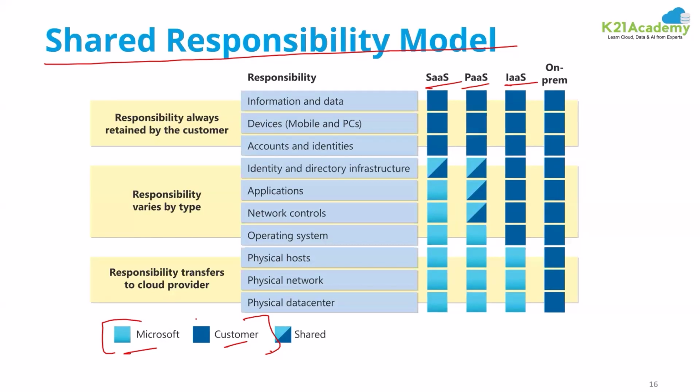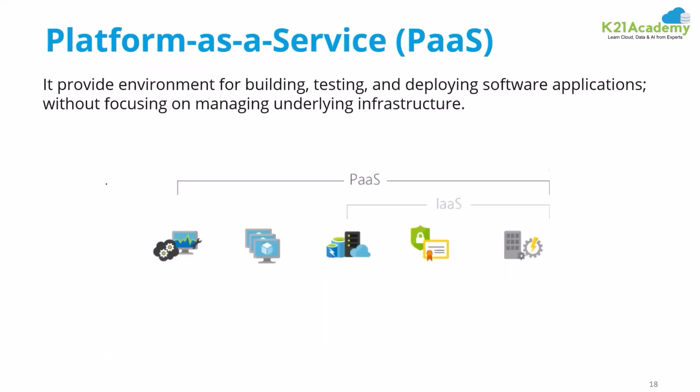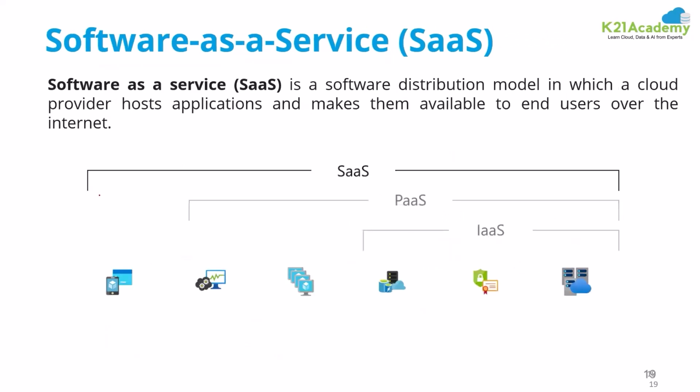Under infrastructure as a service, there is a certain amount of responsibility that customers share and a certain amount that the cloud provider shares, and the responsibility keeps changing as it goes from infrastructure as a service to platform as a service to software as a service. Against on-premises, what is infrastructure as a service, what is platform as a service, and what is software as a service is something that we have already discussed.